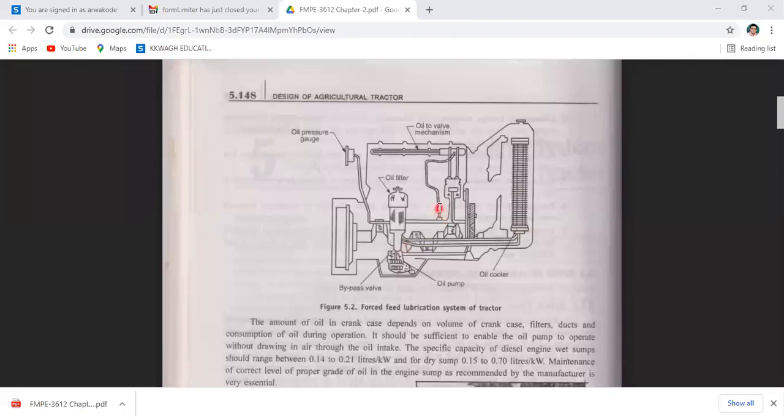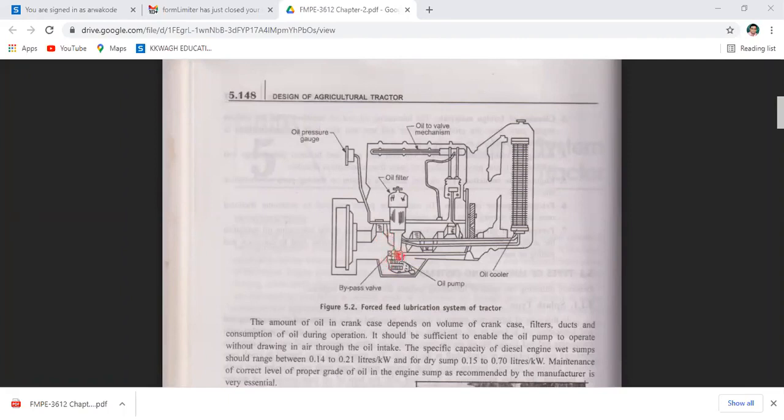Later on, it passes to the secondary gallery, and from the secondary gallery to the camshaft, located on the upper side, and to the valves, springs or rocker arm if present. The remaining oil is returned from the return galleries to the oil pan.